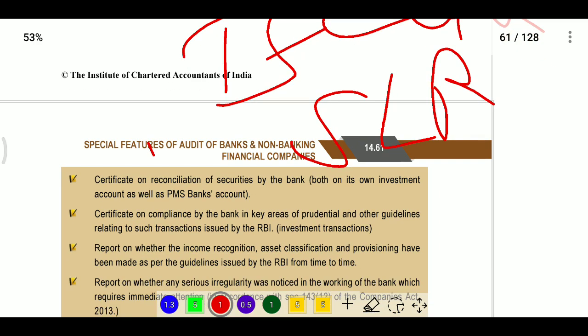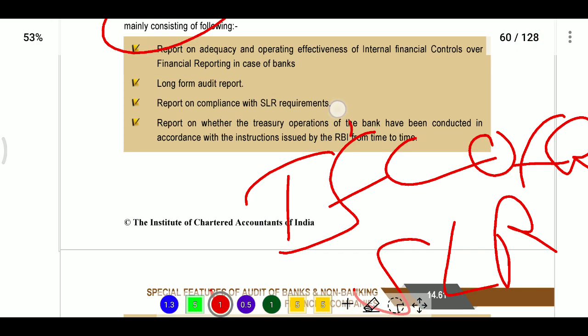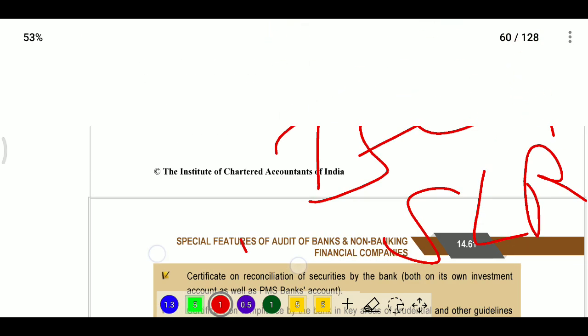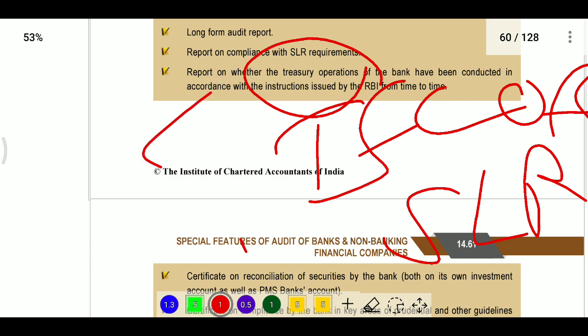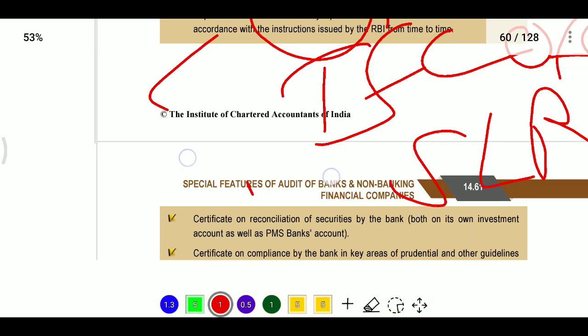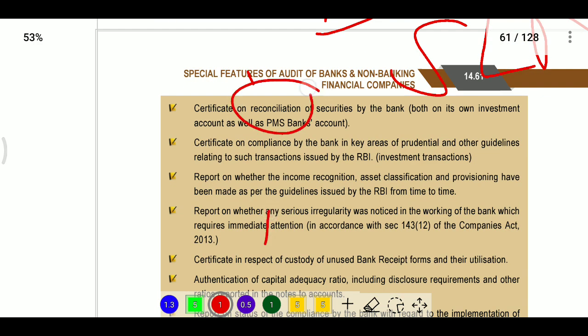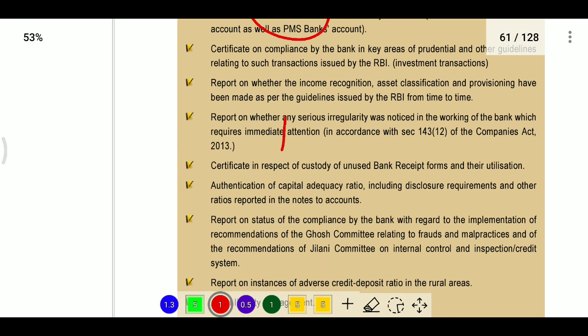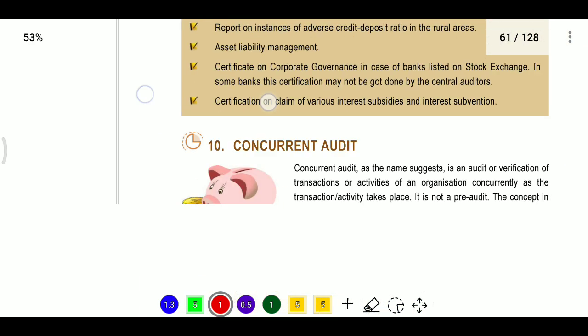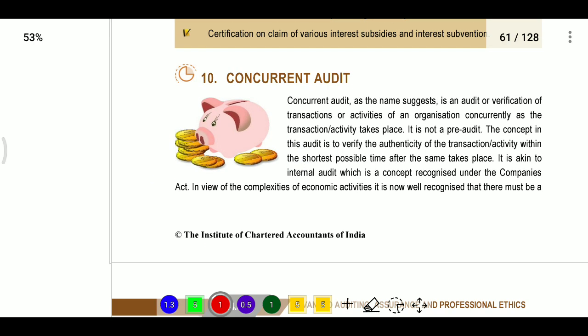Report on whether treasury operations are conducted as per RBI instructions. Next, reporting on instances of adverse credit default ratio in rural areas, and certificate on reconciliation of securities by the bank. Certification of corporate governance we need to check. These are the important areas on which the statutory central auditor needs to report and certify.